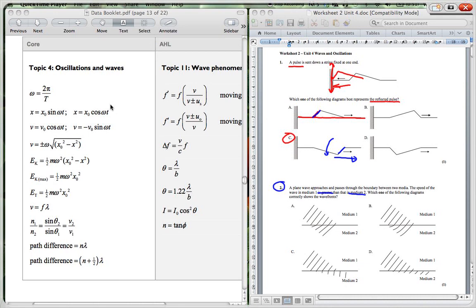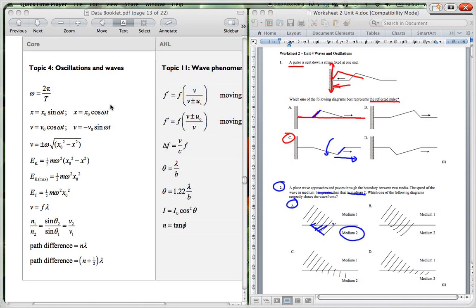So what's going to happen is it's actually going to be this over here, because as you can see here, the speed of the wave has been slowed down in medium 2, and so these points on the edge over here that have been in medium 2 longer will lag behind these points over there, and so you'll get something like this.